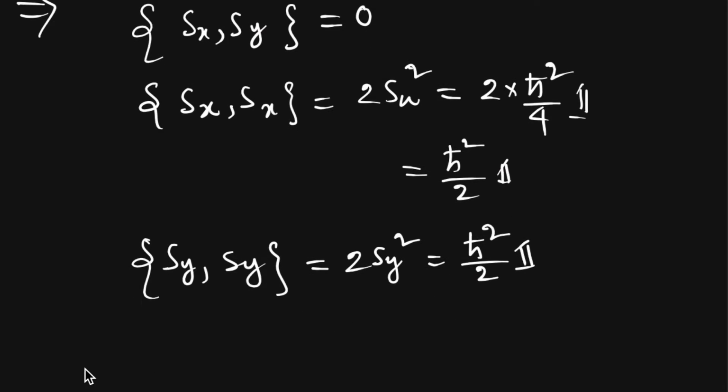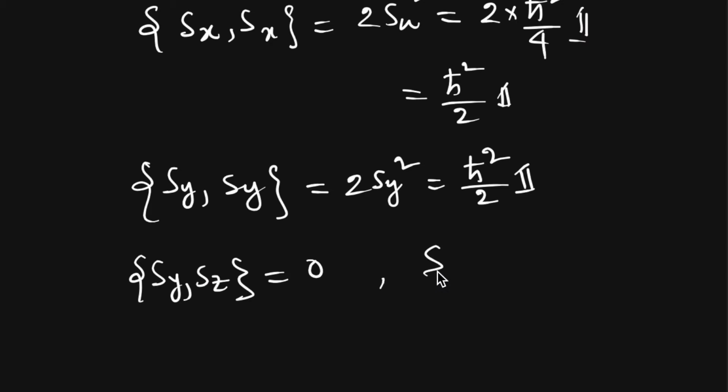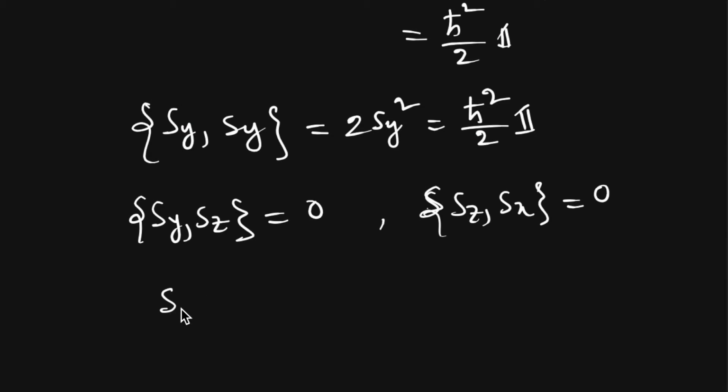Similarly, we can prove that SySz is equal to 0 and SzSx is equal to 0, but Sz² is equal to ħ² by 2 into identity.